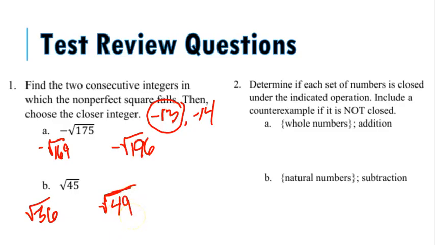And 49 is closer to 45. So we know right now the square root is going to be between 6 and 7, but it's going to be closer to 7.